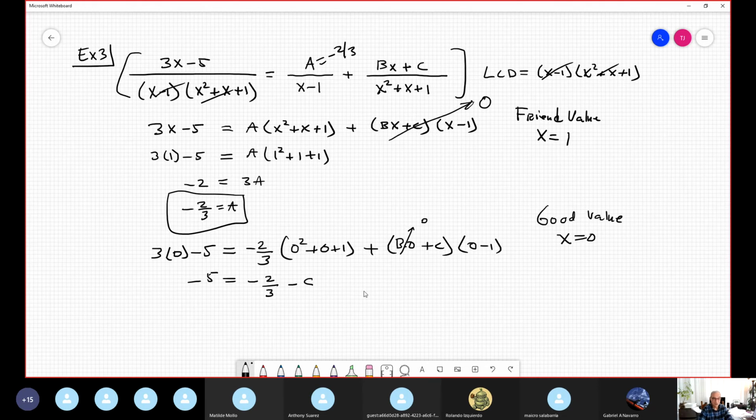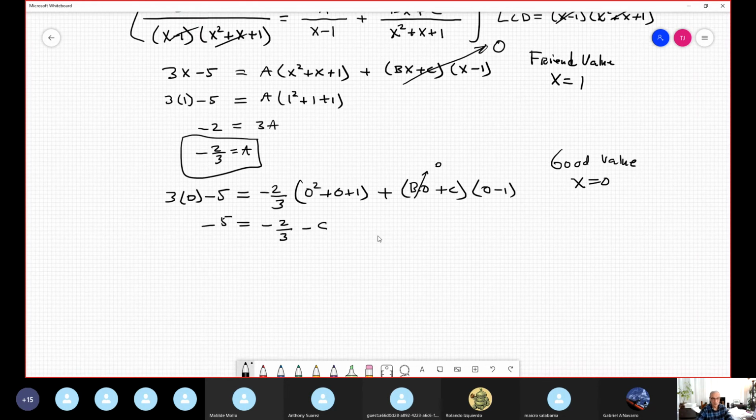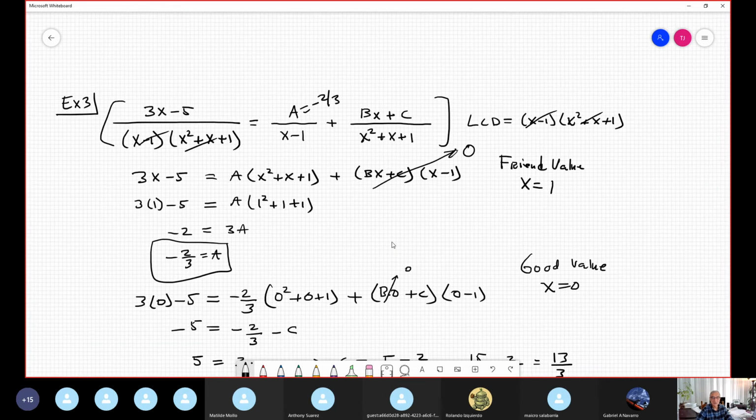There is no reason to have a lot of negatives. If you multiply this equation by negative 1, you have 5 is equal to 2/3 plus C, because I changed the negative. Therefore, C is equal to 5 minus 2/3. But 5 is 15/3, minus 2/3 is 13/3. So C is 13 over 3.